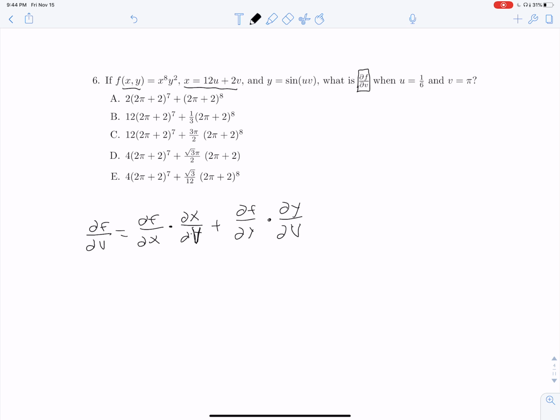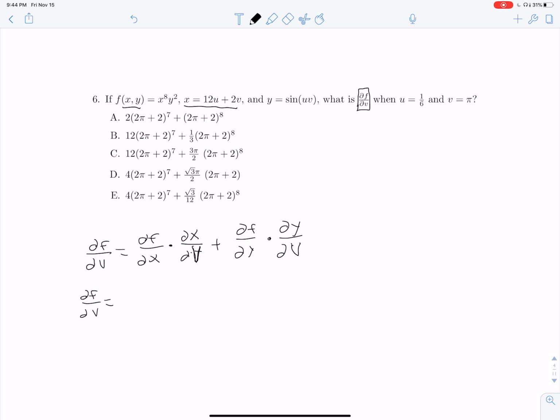Now we just have to put everything together. So let's remake our equation so we can start adding things in as we go, and let's start solving. So f_x, which is partial f partial x, is just going to be 8x to the 7th y squared, and f_y is just going to be 2x to the 8th times y.